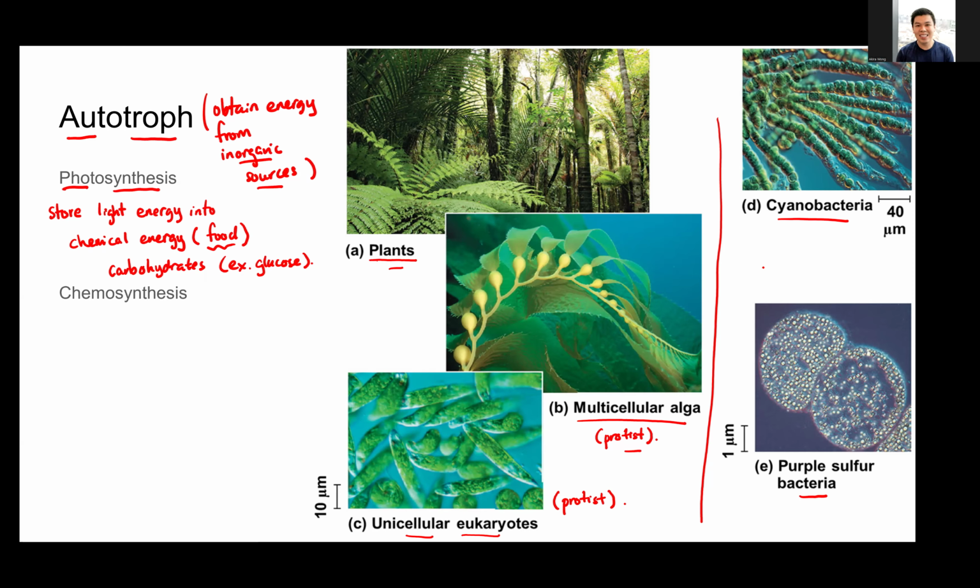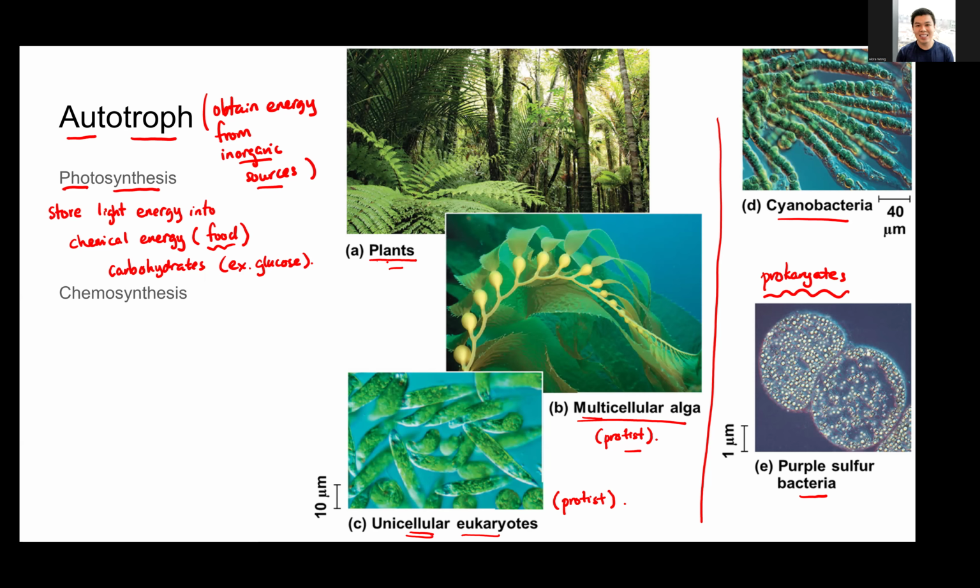So the idea here is that photosynthesis is not unique to plants. It can happen in prokaryotic cells that do not have a nucleus or chloroplast, or in eukaryotic cells, in unicellular organisms or multicellular organisms such as plants.